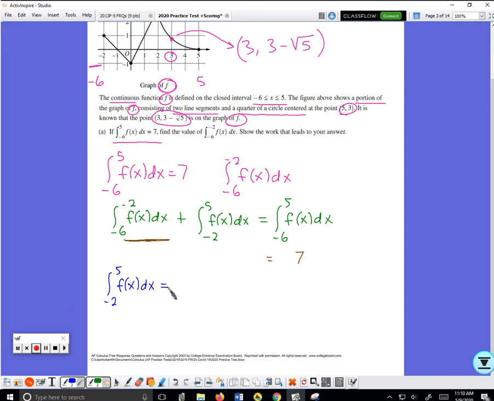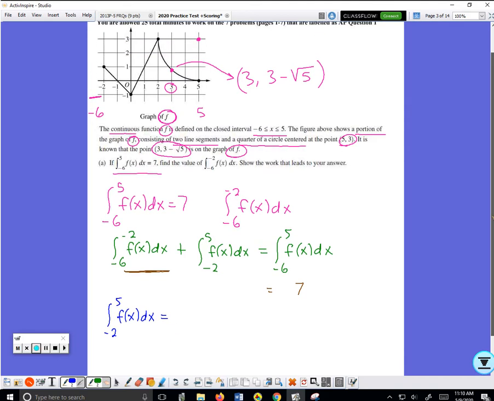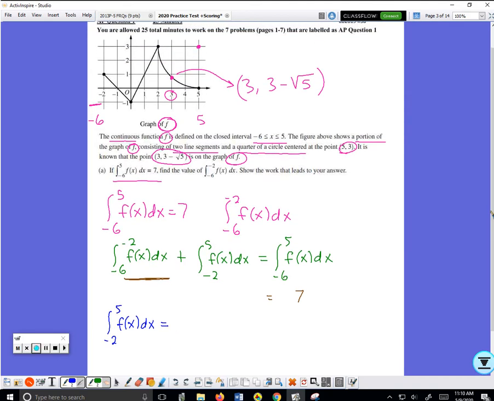This is the graph of f, so I can use area to find this integral. Got to be a little careful. Starting at -2, this portion of f is definitely positive. That's 1 times 1, and it's a triangle, so that's a half.